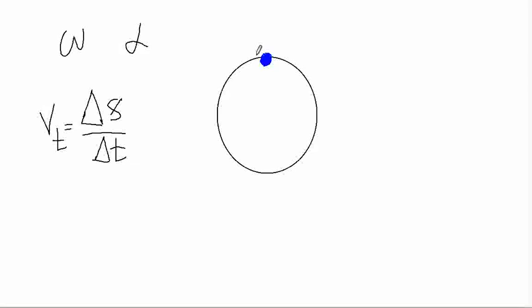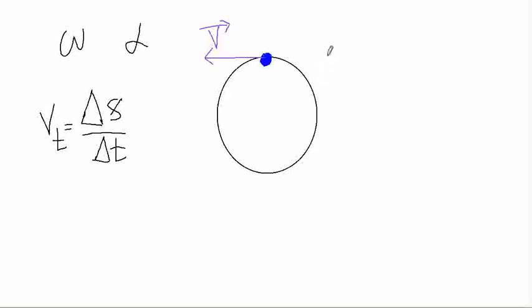Now, at every instant, if the object kept traveling in the same direction that it was traveling at that instant, it would move tangent to the circle. So we could call it an instantaneous velocity vector.